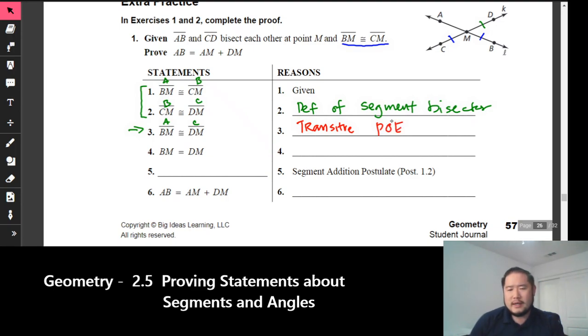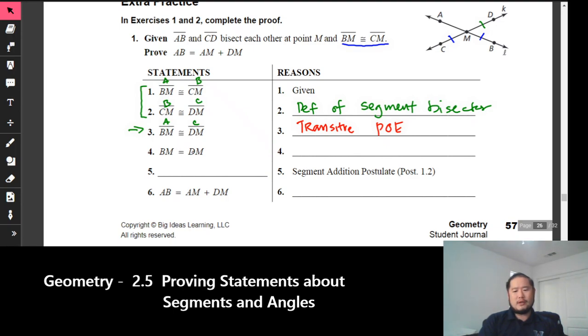So you'll see that a lot of times when you solve these proofs, you have to make a connection between two different statements, two of your previous statements. And so it made most sense right here to say, okay, CM is congruent to DM.